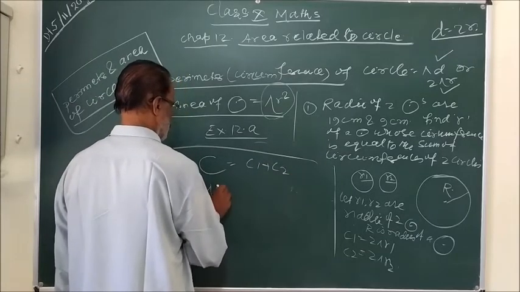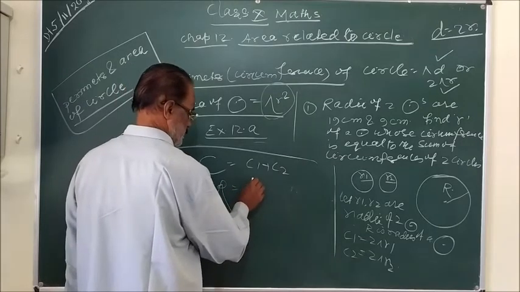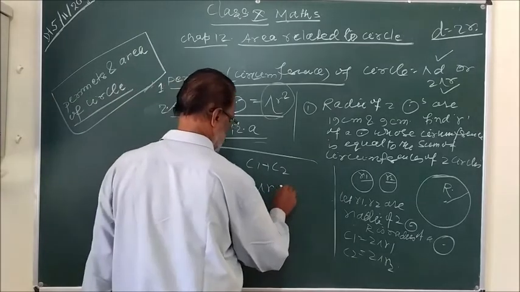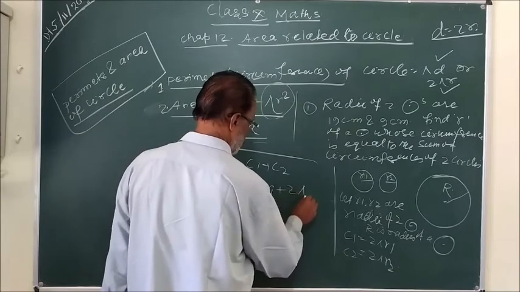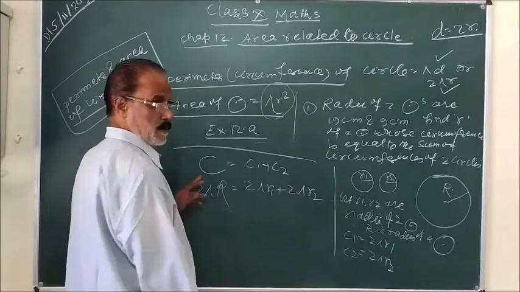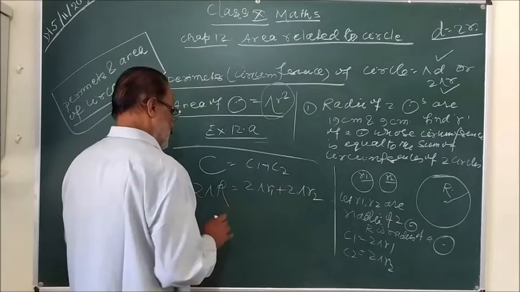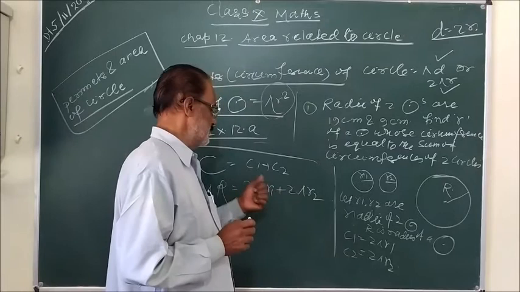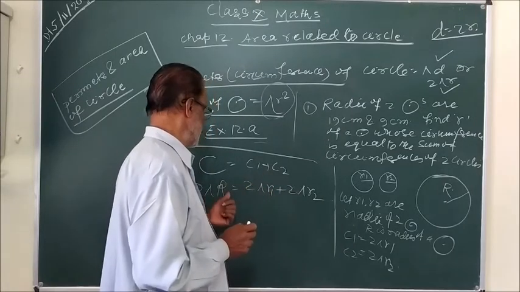So 2 pi capital R, where we have taken the radius, is equal to 2 pi R1 plus 2 pi R2. This is one method: you calculate the circumference of these 2 circles and then equate it to this.